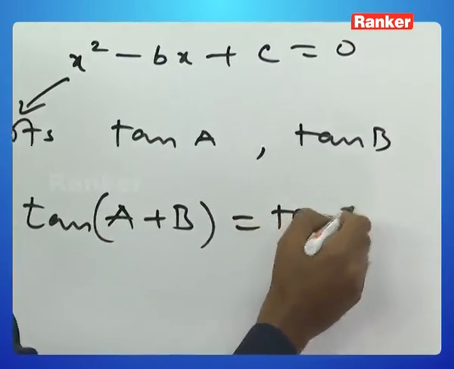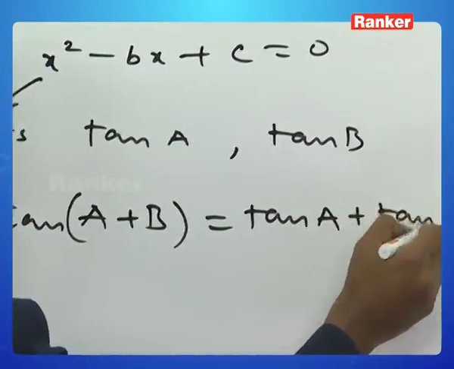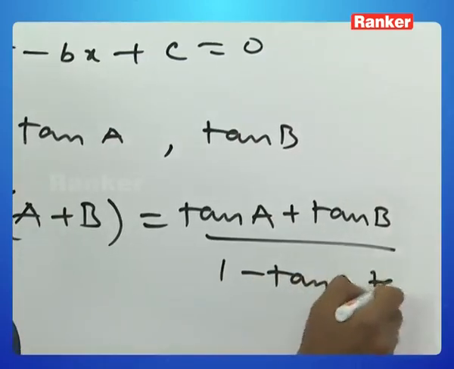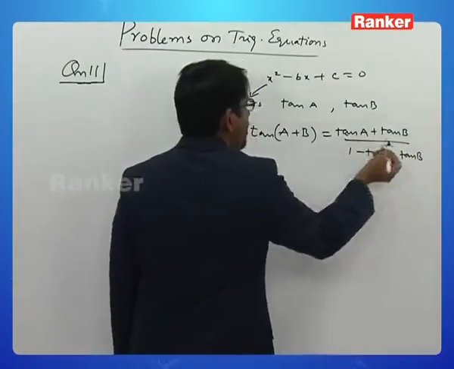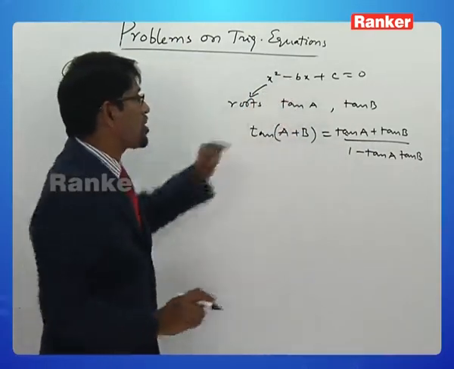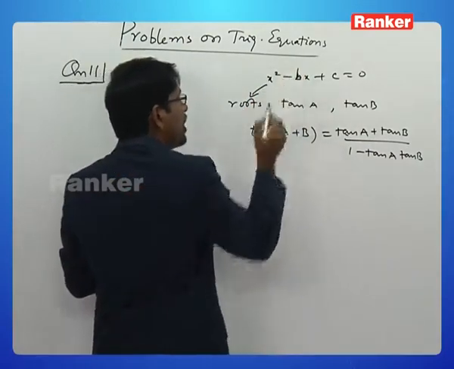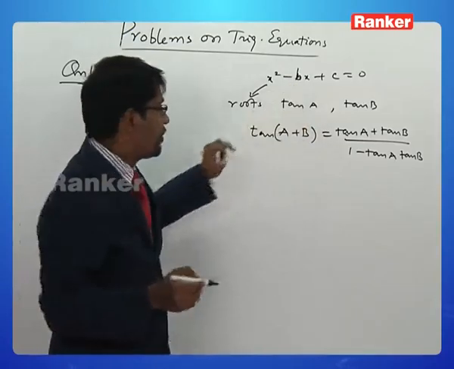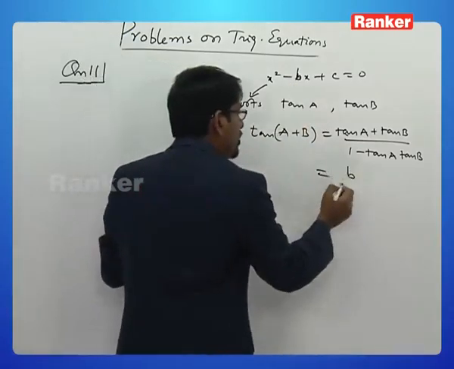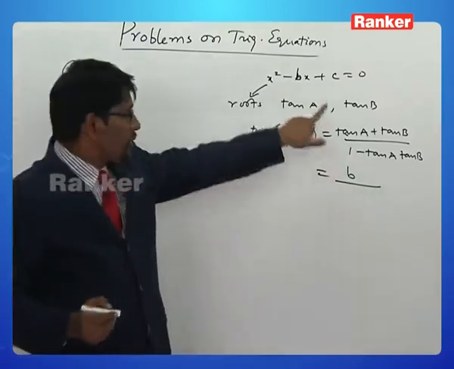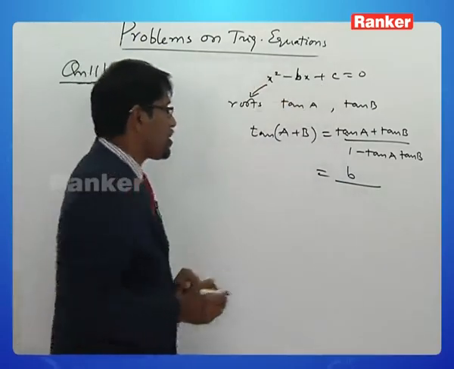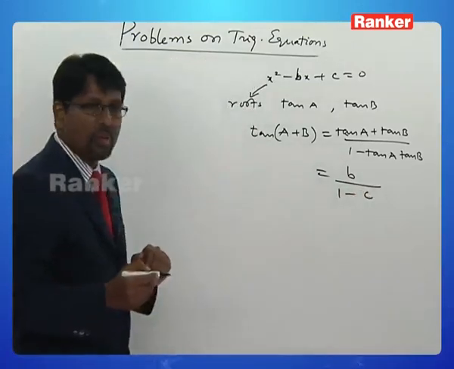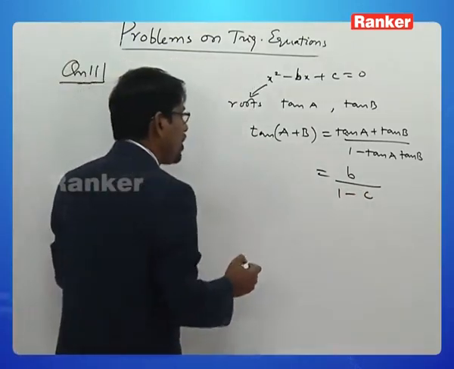Tan A plus tan B divided by 1 minus tan A tan B. This tan A plus tan B means the sum of the roots. This is x square minus bx plus c. So the sum of the roots is what here? B. So we will get b in the numerator. What about the product of the roots? C by 1, that is c. So 1 minus c. So tan of A plus B is coming out to be b by 1 minus c.